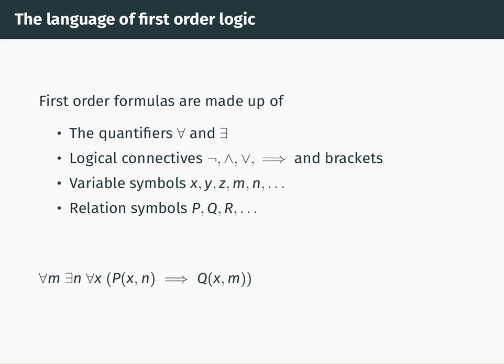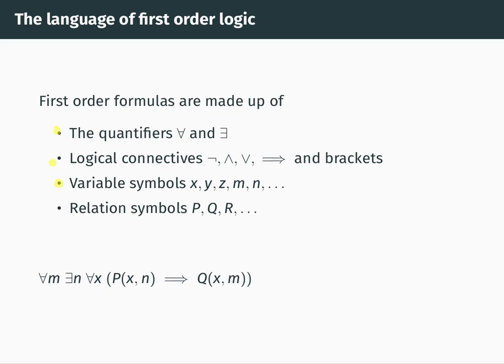So that's going to be the subject of the next video, but for now I just want to summarize what first-order formulas are made up of. First-order formulas consist of, first of all, quantifiers for all and there exists, written as this upside down A and backwards E. Next, the logical connectives and brackets, which you're already familiar with from well-formed formulas. Next, which is new, variable symbols, which typically we write as lowercase English letters.